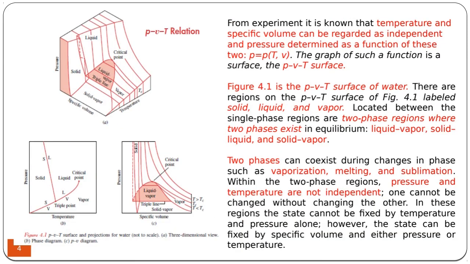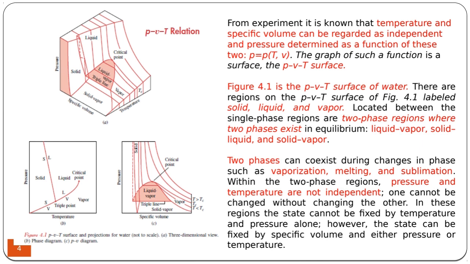So we use PVT relationships to determine the relation between pressure, temperature, volume, or other properties of a substance. The PVT surface is a three-dimensional graph.